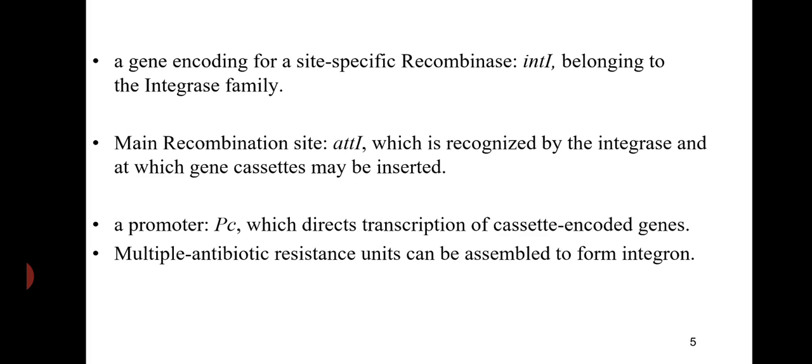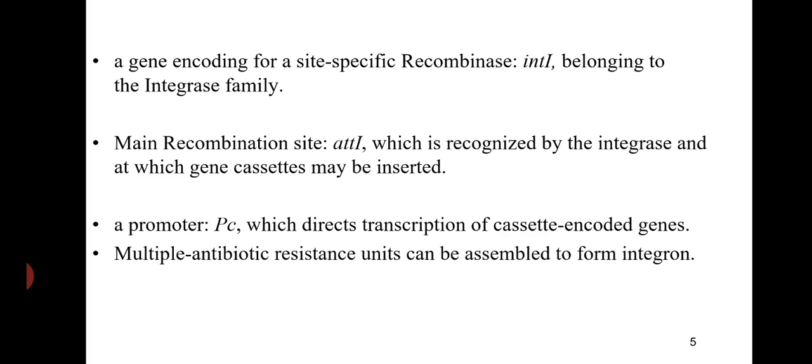Then the Pc promoter, the promoter which directs the transcription of cassette-encoded genes.